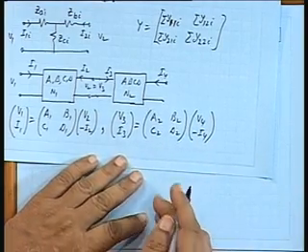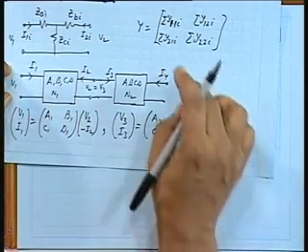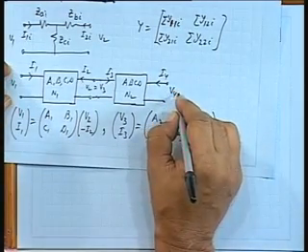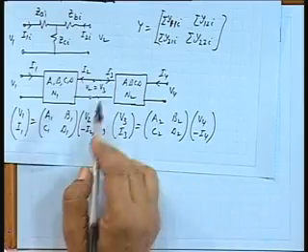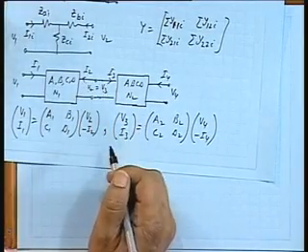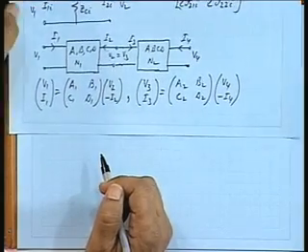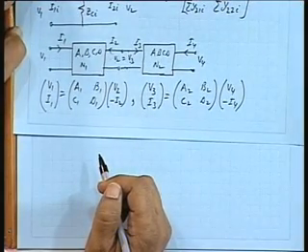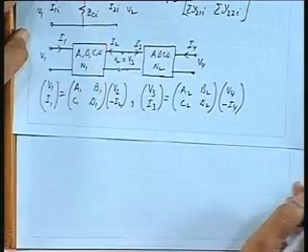Now, what would be the relation between V1, I1 and V4, I4? If V2 is equal to V3 and I2 is minus I3, can you try that? You will find the ABCD matrices are just multiplied, that will give you the overall ABCD matrix.